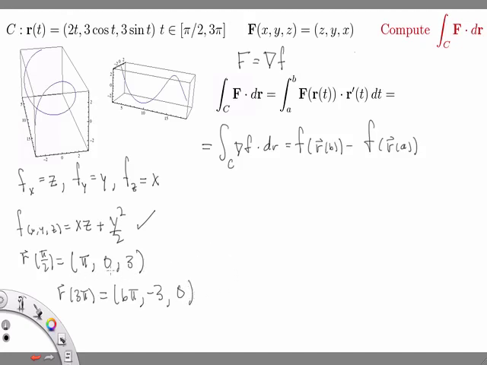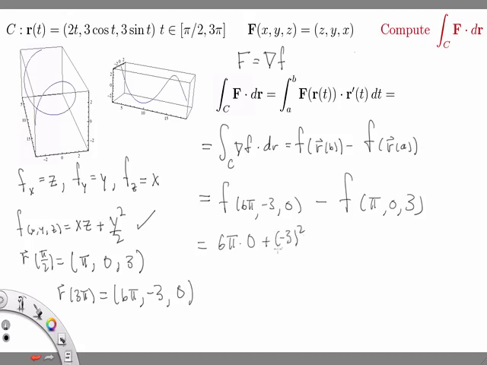Okay, so we know the x, y, and z coordinates of our two endpoints, so we can just plug those in to f. So I get f of (6 pi, negative 3, 0) minus f of (pi, 0, 3). And so what f does is it multiplies the first and third coordinates, so I get 6 pi times 0, and then plus the second coordinate squared over 2.